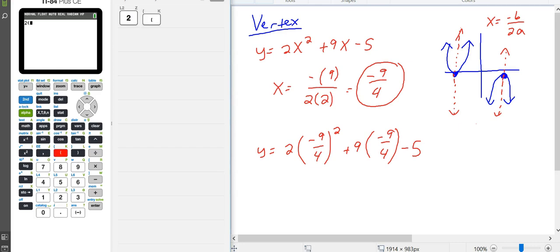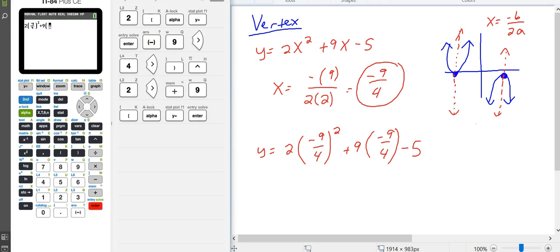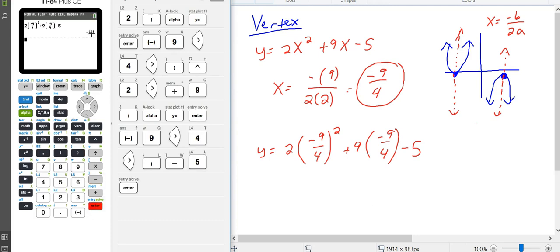So 2 times alpha y equals, enter to get a fraction, -9 over 4, close parentheses, squared, plus 9 times alpha y equals, enter to get a fraction, -9 over 4, minus 5. That is -121 over 8. So the y coordinate of this vertex would be -121 over 8.